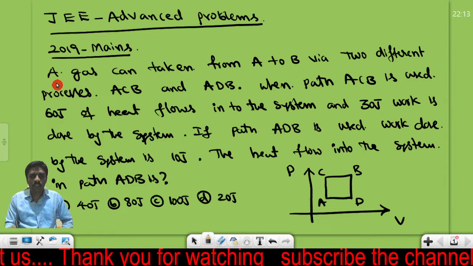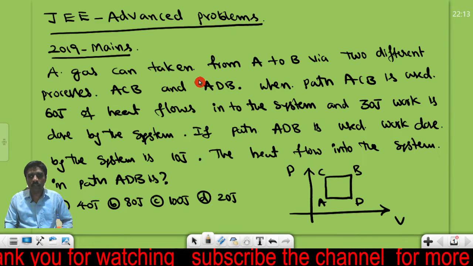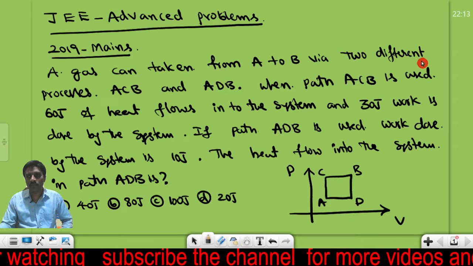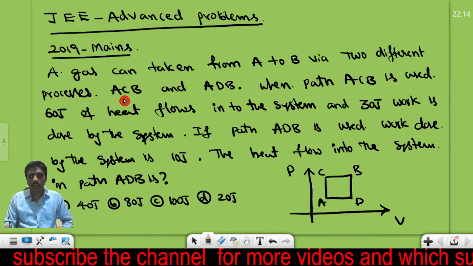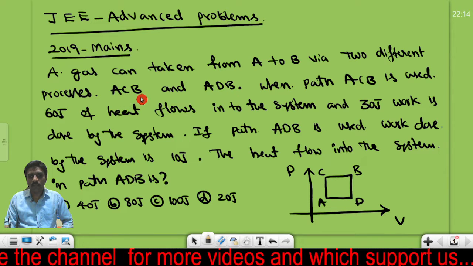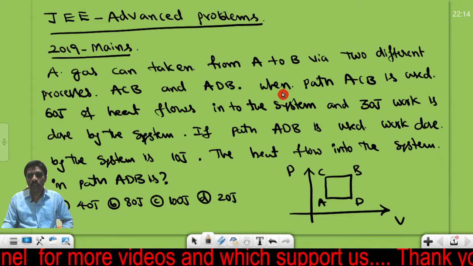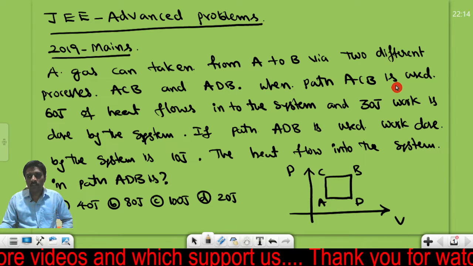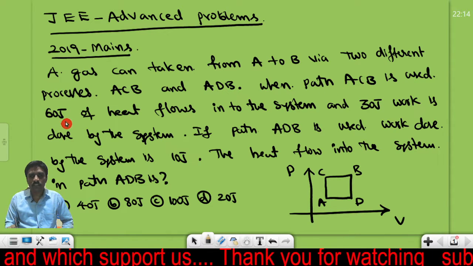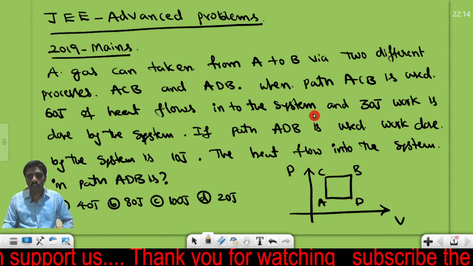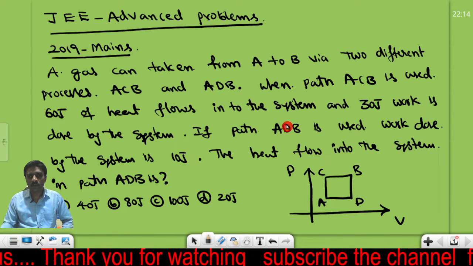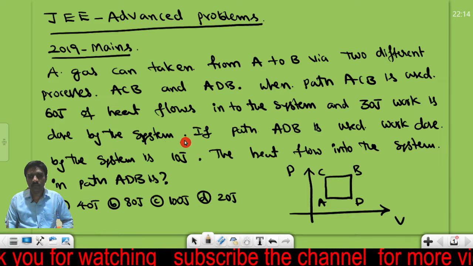The problem is like this: a gas is taken from A to B via two different processes, ACB and ADB. When path ACB is used, 60 joule of heat flows into the system and 30 joule of work is done by the system.